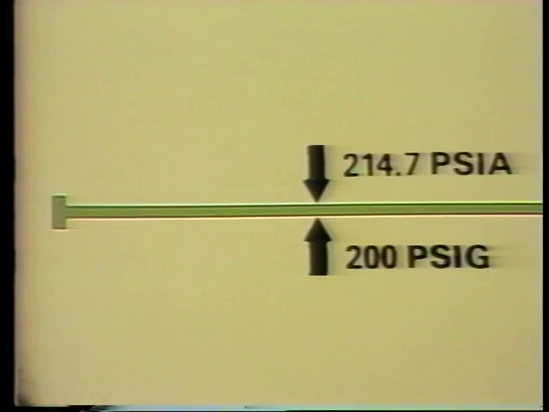If we need to find the equivalent value on the absolute scale at sea level, we add 14.7 PSI to the reading and get 214.7 PSIA. Pressure is a very important property in the power plant, and we'll be discussing it in greater detail in later units. For now, though, let's look at a second property of water, temperature.